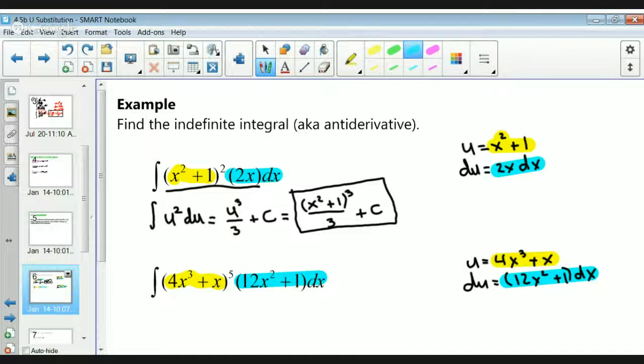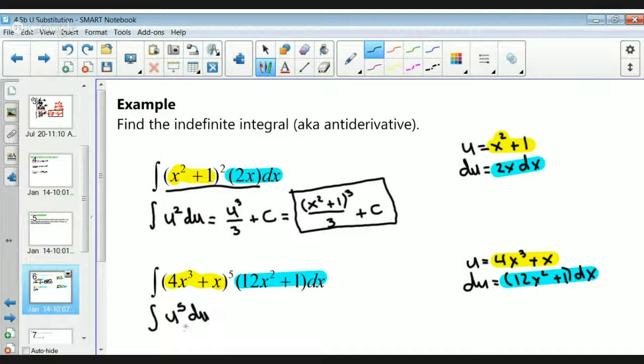Okay, so now we are going to rewrite this integral in terms of u, and it should look much simpler. So I still have the integral symbol. Okay, then I run into some yellow, which is equivalent to u. Right, then I have the power of 5 still. And then I have, the rest is just blue, which is equivalent to du.